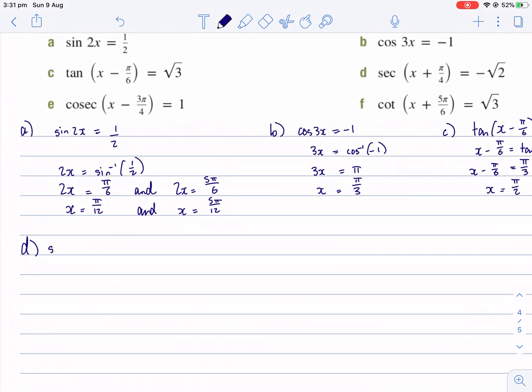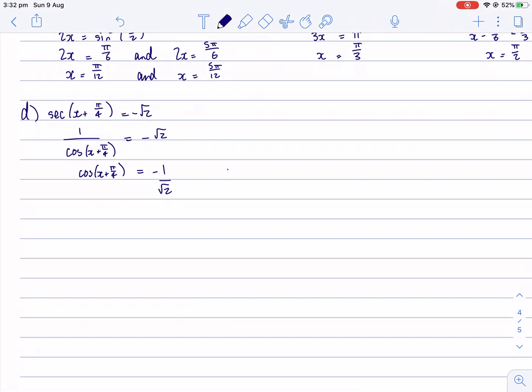Here we've got sec of x plus pi on 4 equals -√2. This means 1 on cos of x plus pi on 4 equals negative root 2. So cos of x plus pi on 4 is negative 1 on root 2. Now cos comes out as 1 on root 2 at pi on 4.